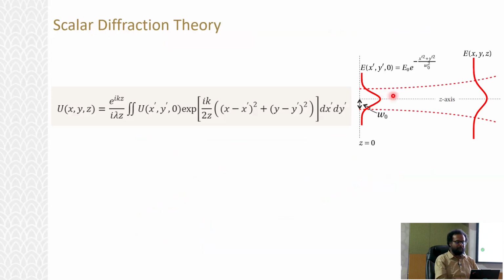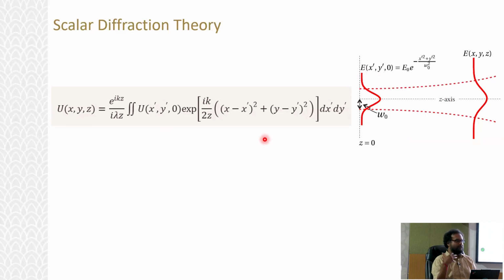A Gaussian beam will undergo transformation, will expand. And that expansion, based on scalar diffraction theory, can be written in this form, where my spatial distribution as a function of x, y, z is related to my spatial distribution at x prime, y prime using this expression.